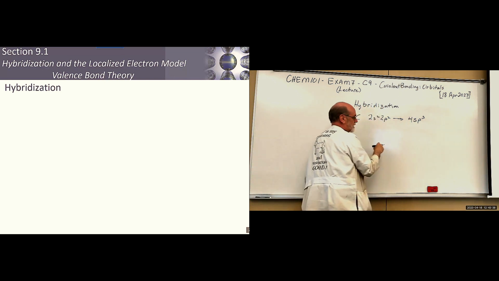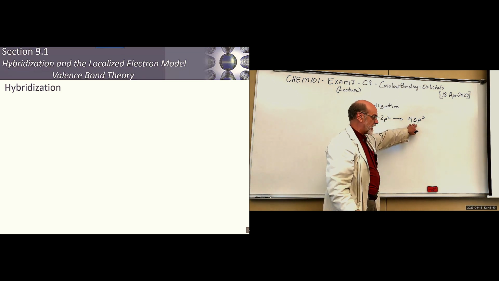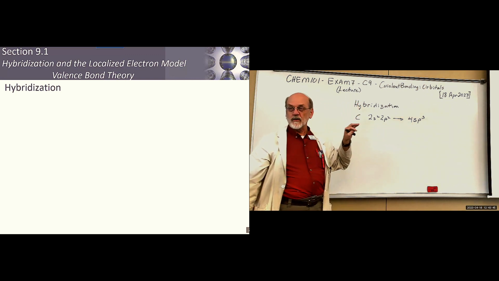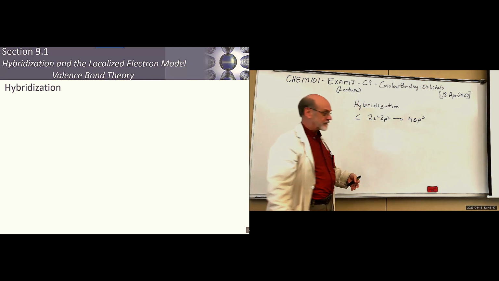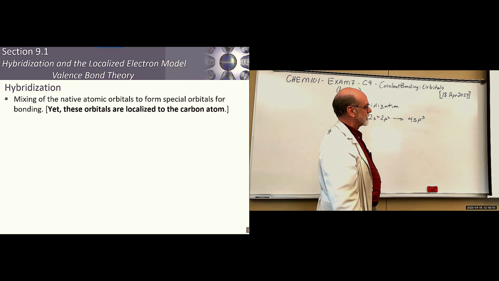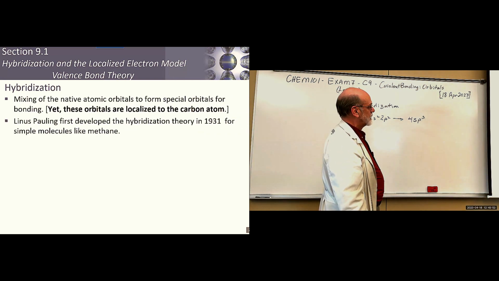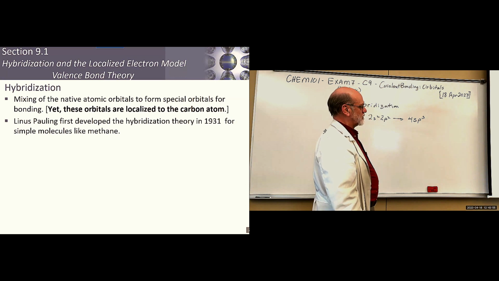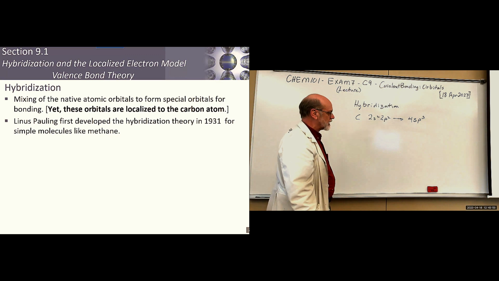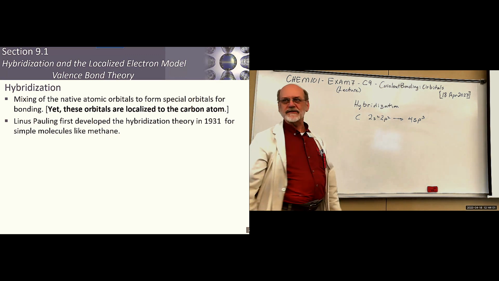With hybrid orbitals, you have the same number of hybrid orbitals as you do of the atomic orbitals from which they're derived. It's a process I guess you call mixing. You're mixing the orbitals to come up with something that will behave.